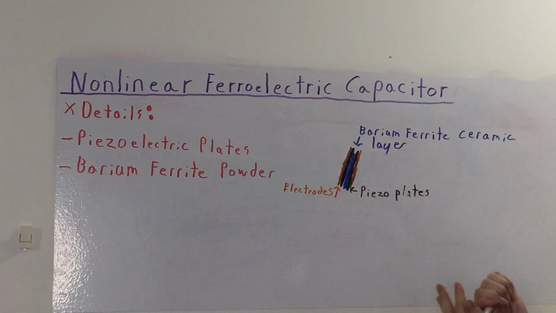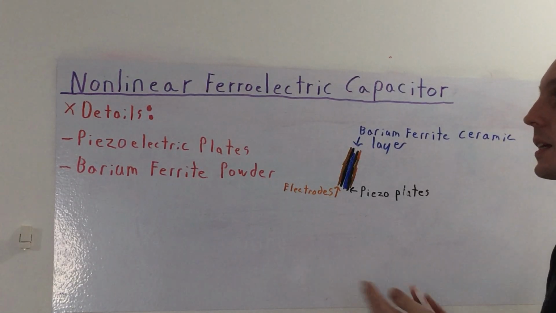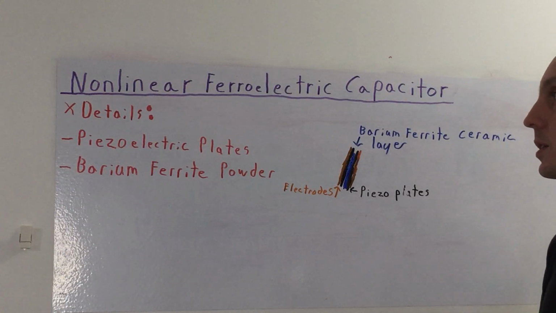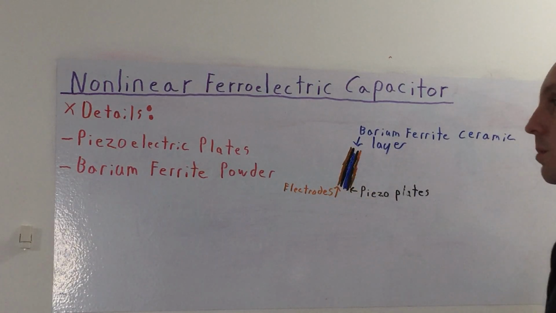For all of this to work, the piezoelectric plates in this example, the piezoelectric materials, as I've said before, exhibit a direct piezoelectric effect, which means that they'll generate an electrical charge here when mechanically stressed, as I've stated before.